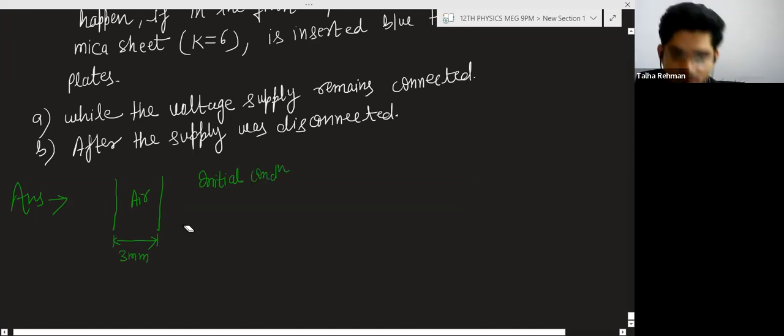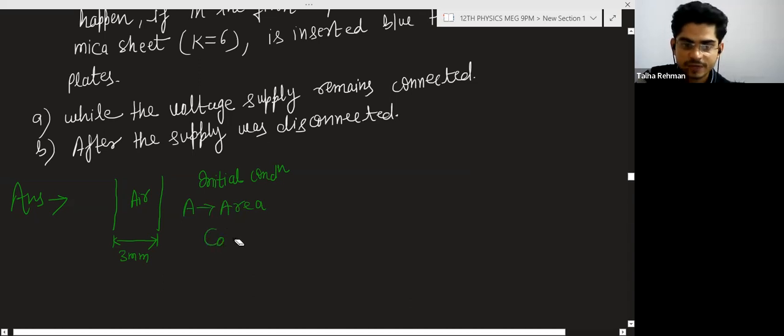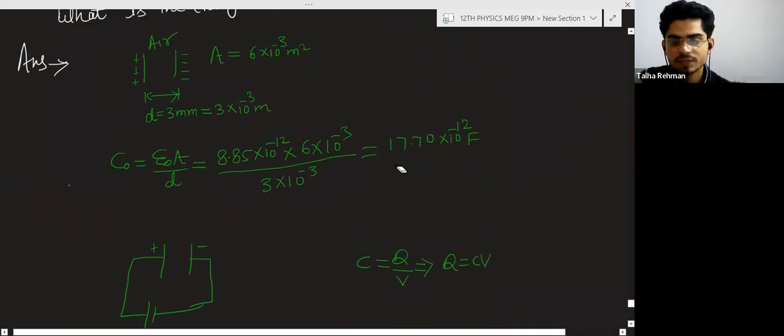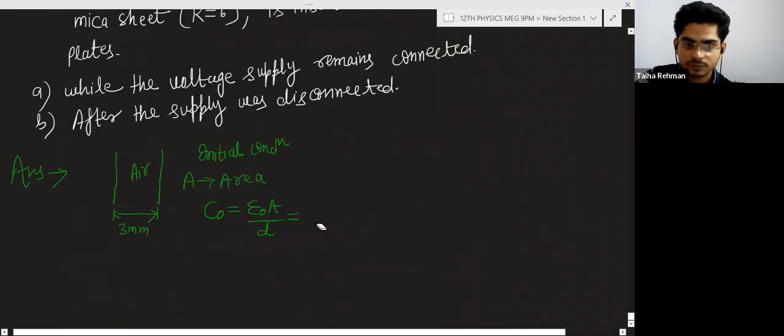And area is same, no problem. And we have value of C naught, that is epsilon naught A by d. What was the answer of C naught? Yeah, 17.70 into 10 to the power minus 12 farad. In the above question, we have calculated this.